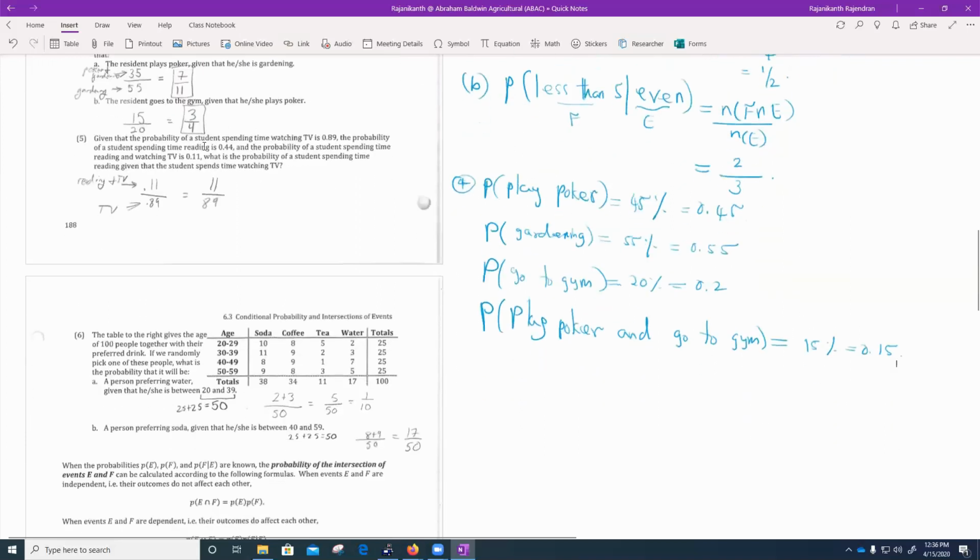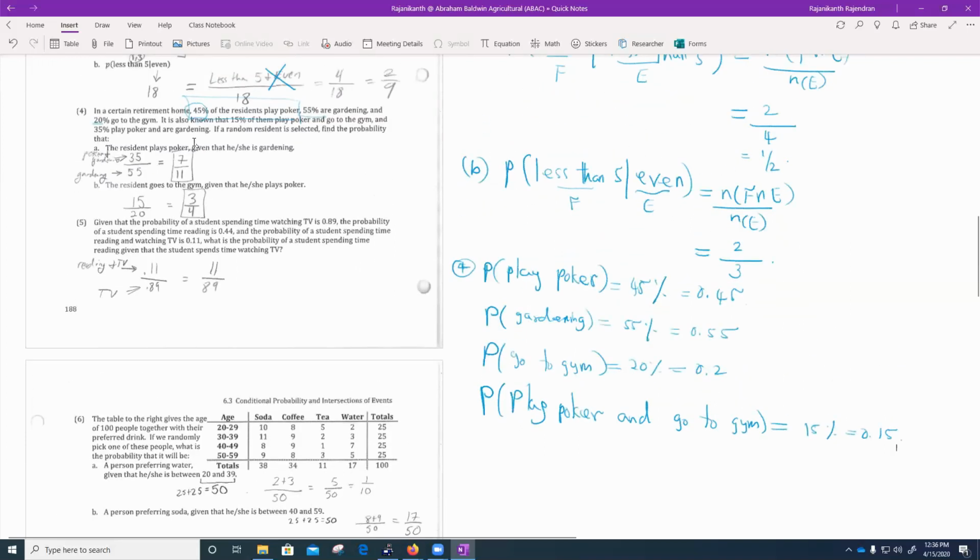One more number is there. What is that? 35 percent play poker and do gardening. So they play poker and gardening, right? That is 35 percent. That is all the probabilities I have now. Okay, now let's move to the question part.